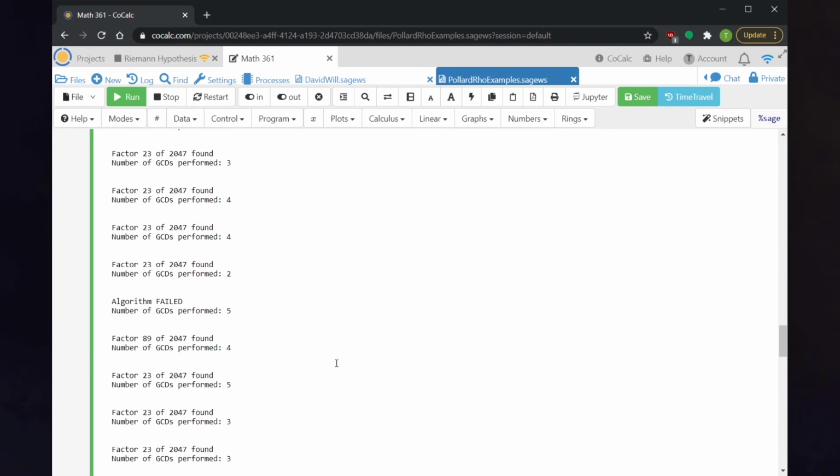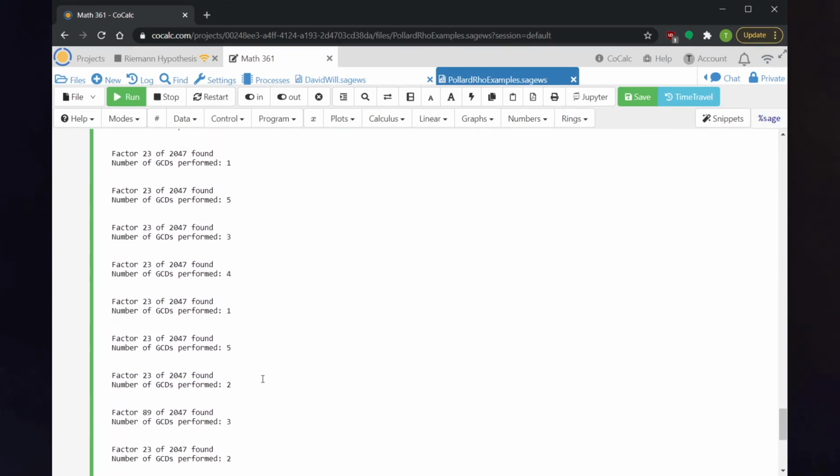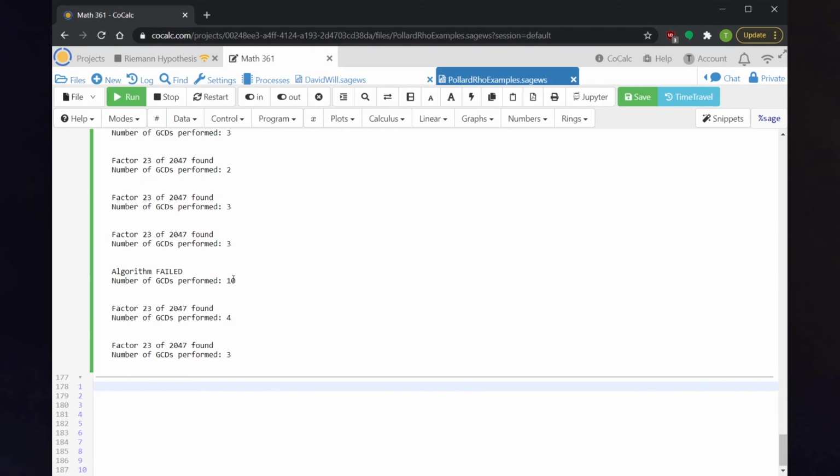So you can see here in one of these iterations, this algorithm failed. And if you look, only twice out of these 50 did the algorithm fail, even for numbers this small. So again, it can happen, but it's pretty unlikely.